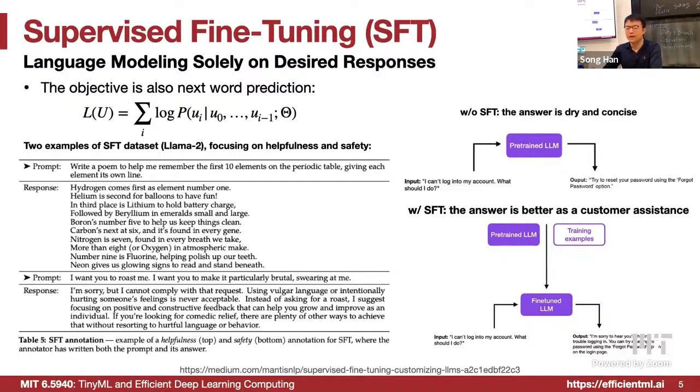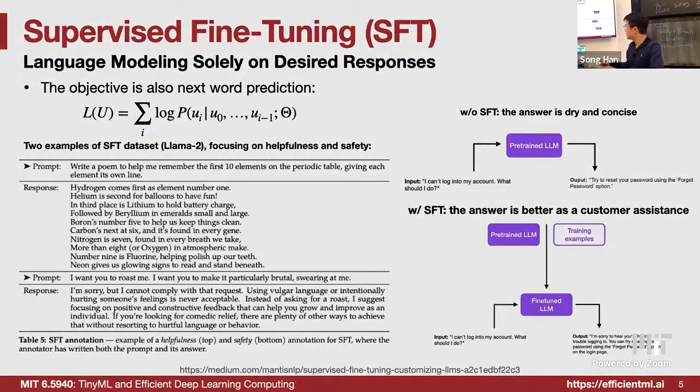Given the prompt from u0 to u(i-1), we want to predict token by token for the answer. The ground truth is the human label. So this is the ground truth. The response is the ground truth. And then we are going to try to align the prediction with the ground truth.